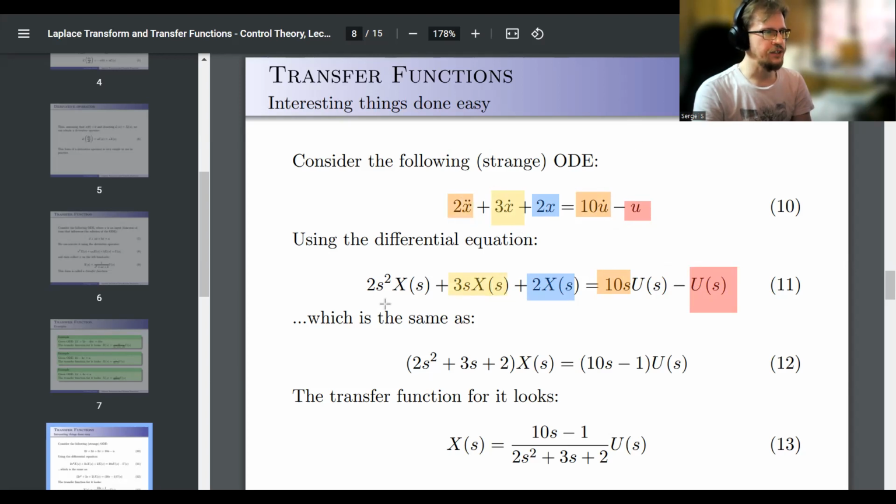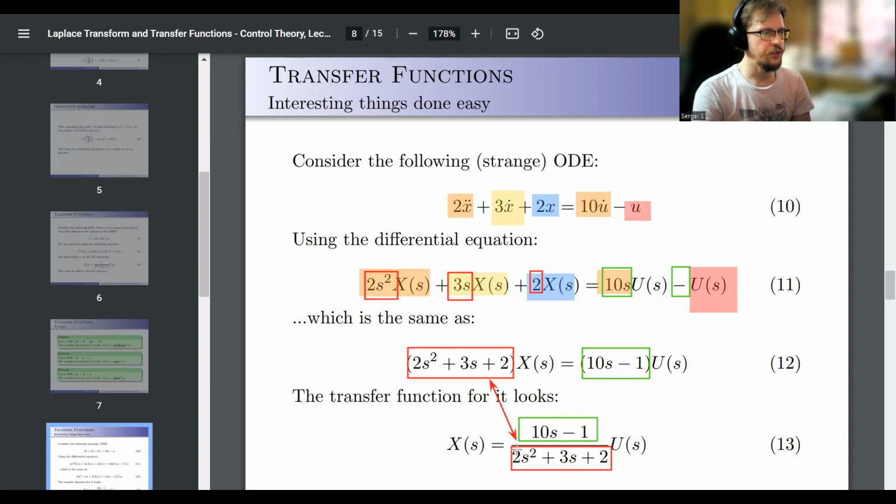This 2x double dot becomes 2s squared X of s. And now these guys go to the denominator, here they are, in front of X. These guys go to the numerator, here they are. And here is the denominator when we divide everything by this part in red. So you can kind of see how it went, right?